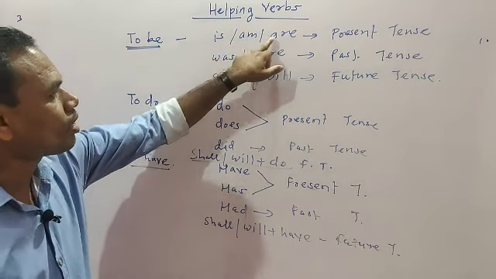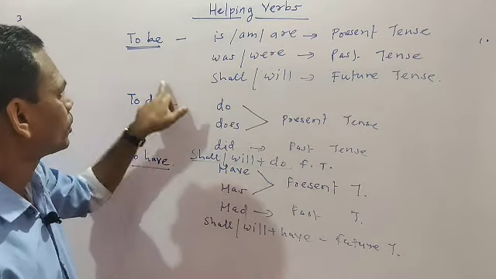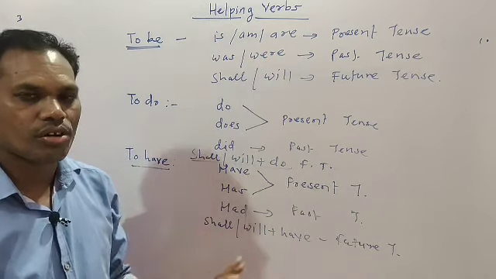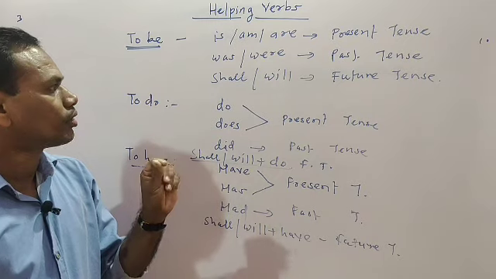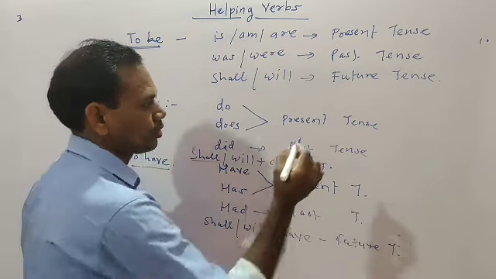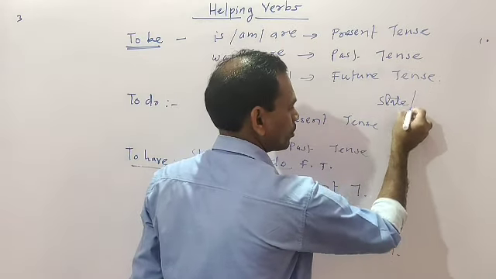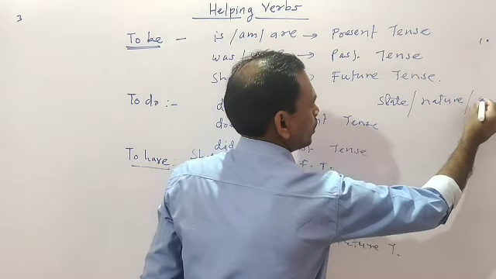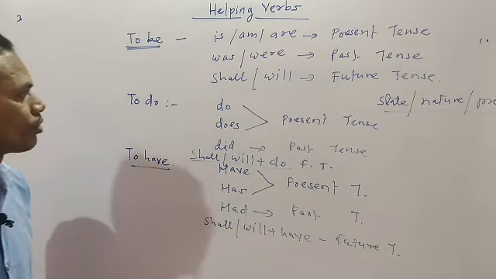So is, am, are, was, were, shall, will, these helping forms of to be are used just to show the state of the person, then nature, profession, etc. Right?